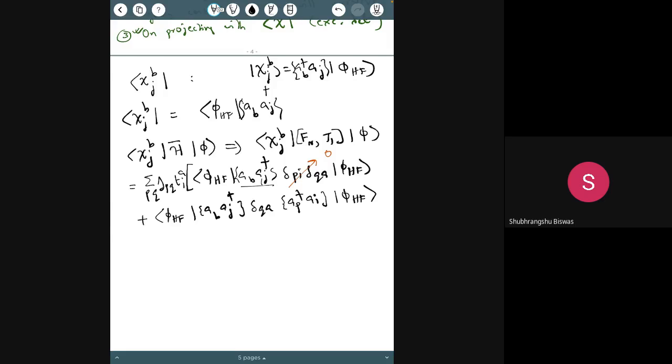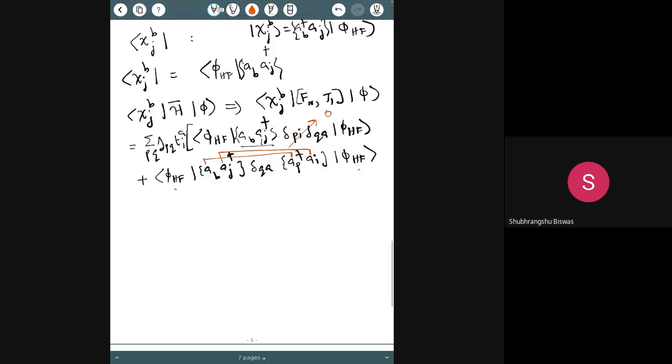Now again we have to contract between the two strings, and we have to get the fully contracted term, because then it's an expectation value that we have to evaluate. So the A_J dagger can contract with A_I because they're both occupied. And then A_B can contract with A_P dagger because P is a general index. So this is one term.